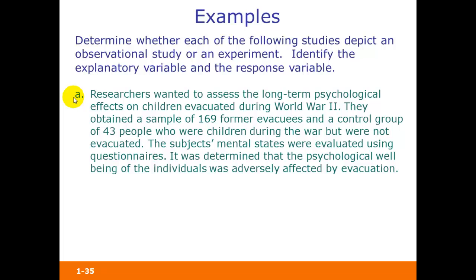They obtained a sample of 169 former evacuees and a control group of 43 people who were children during the war but were not evacuated. The subjects' mental states were evaluated using questionnaires. It was determined that the psychological well-being of the individuals was adversely affected by evacuation.